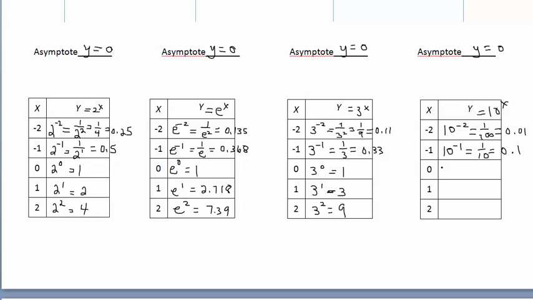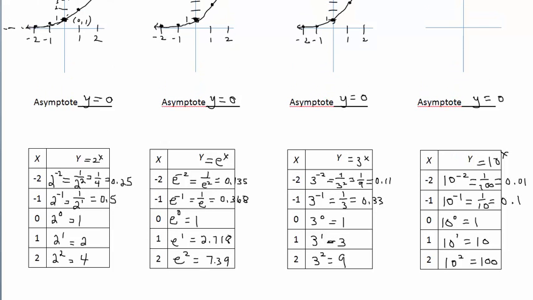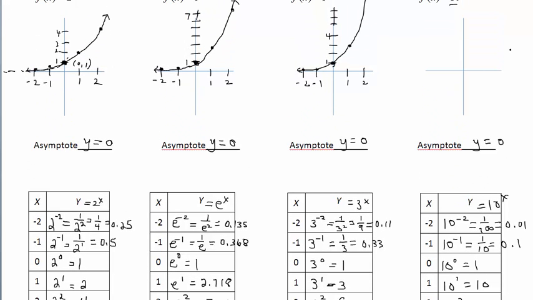Even that one. And I certainly won't be able to plot 10 squared or 100 if I'm using the same scaling as the previous 3 examples. So when your base gets large like that, greater than 1 and larger, your graph is going to increase and be very steep.